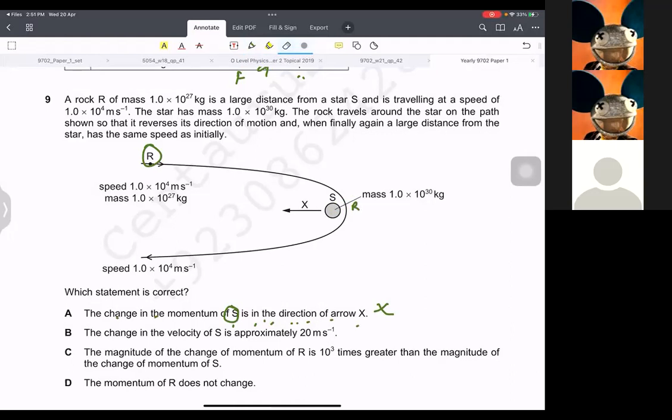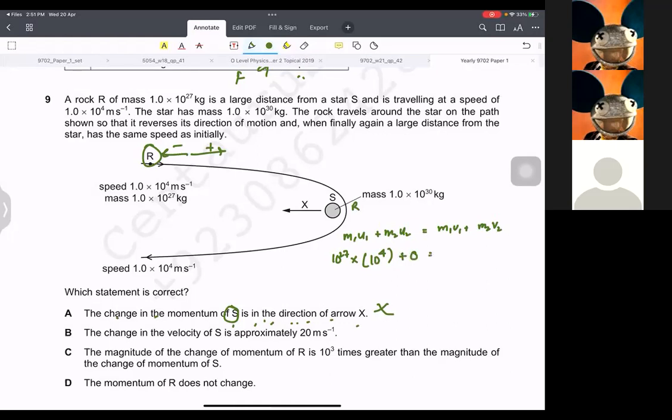So initially the momentum was, I'll use M1 U1 plus M2 U2 equals M1 V1 plus M2 V2. Let's take this side as positive, this side as negative. So this will be 10 raised to 27 multiplied by 10 raised to 4 plus 0, because it was stationary.